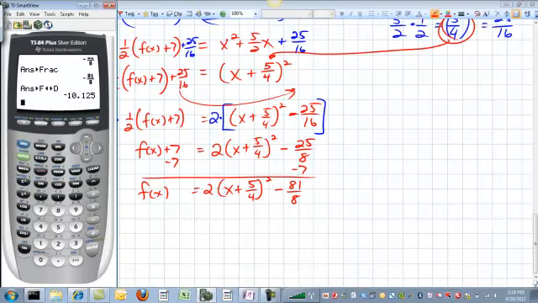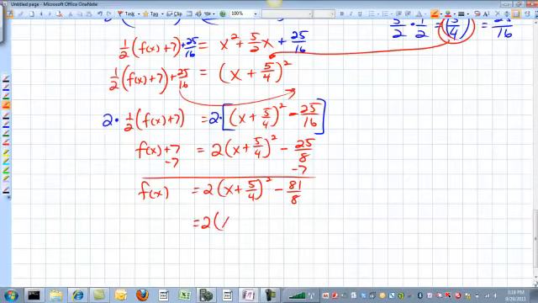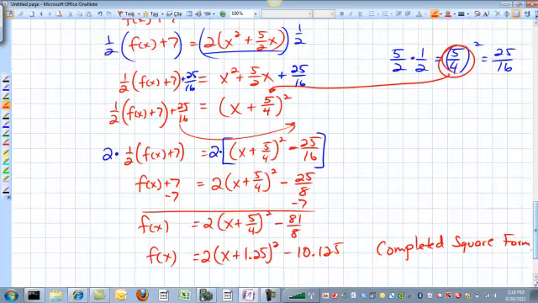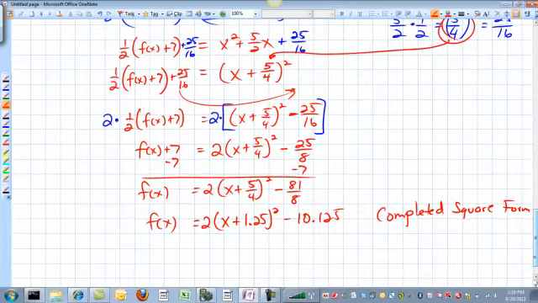Okay, so this is what I've got for my completed square form. I just wanted you to see that it could be done with harder looking problems. It's not tons and tons of fun, but it is a moment of success when you have gotten there.